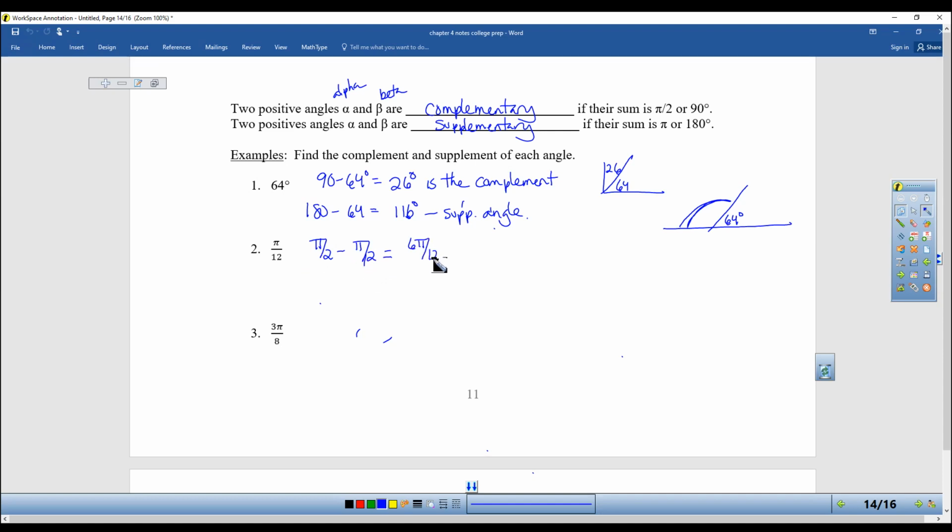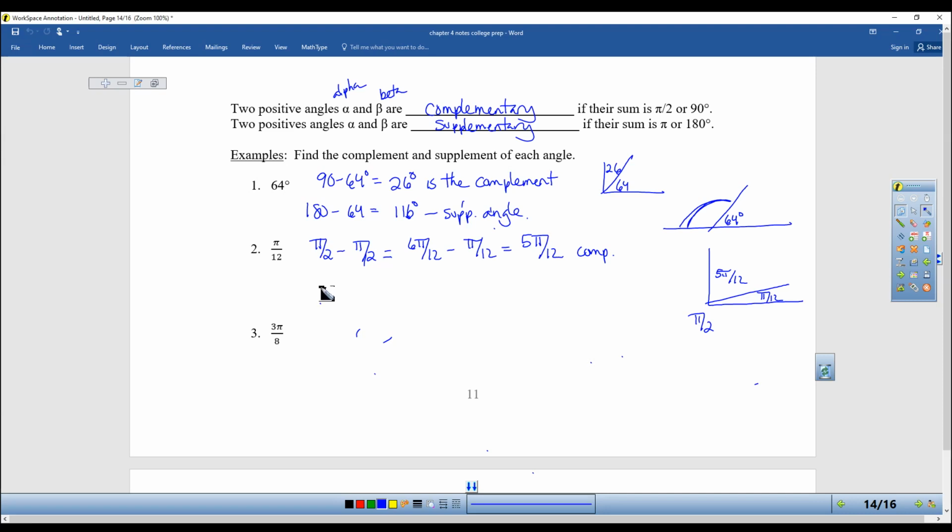So I'm going to change this one to pi twelfths so that they have the same denominator, and I get 5 pi twelfths. That is the complementary. And if you think about it, pi halves is the same as 90 degrees. Complementary angles will add up to pi halves. So if you just have pi twelfths, but then you add 5 pi twelfths, that would give you 6 pi twelfths, which is a half.